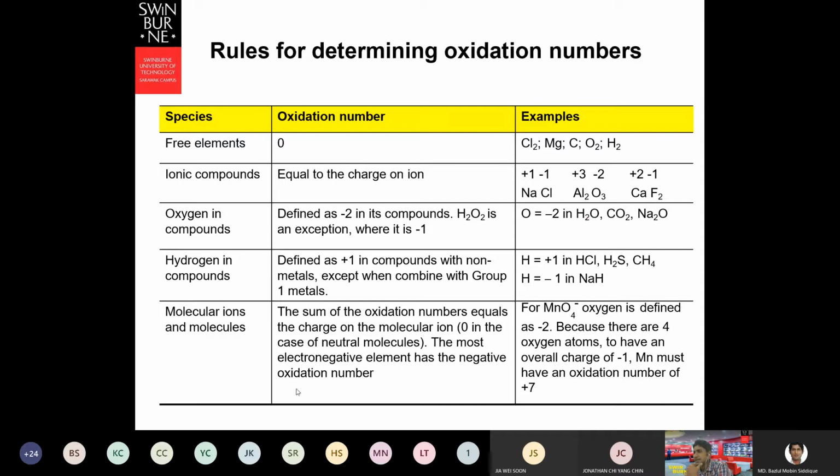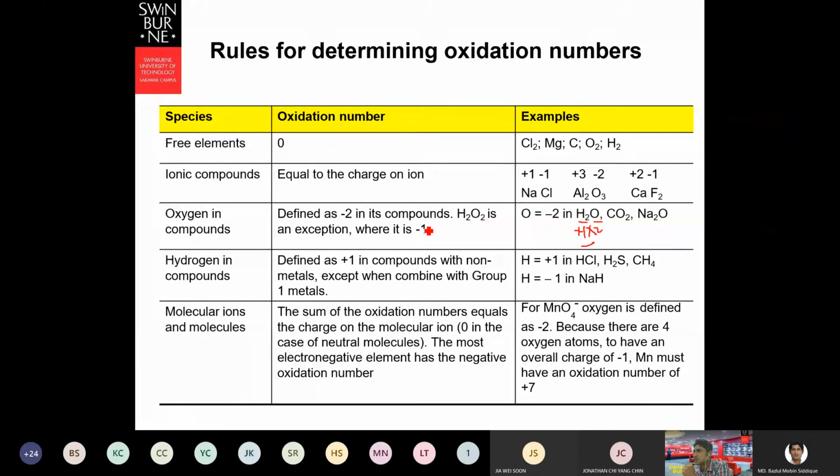For this case, if we see H2O, there are 2 hydrogen atoms and each is carrying 1 positive charge, because we have seen before that hydrogen will carry 1 positive charge. So this is 1 times 2, because there are 2 atoms of hydrogen.